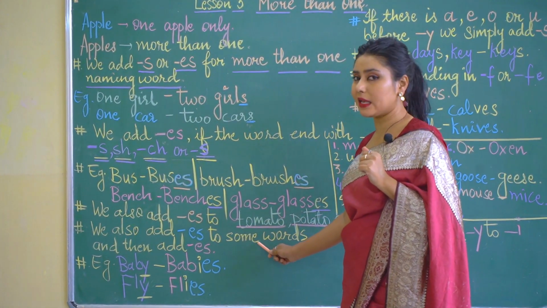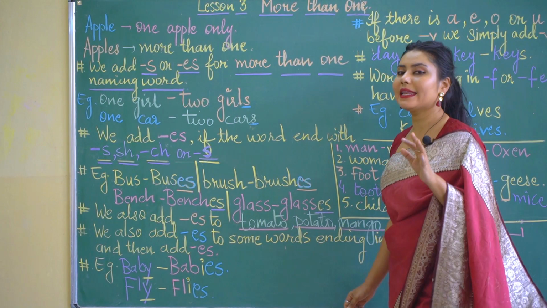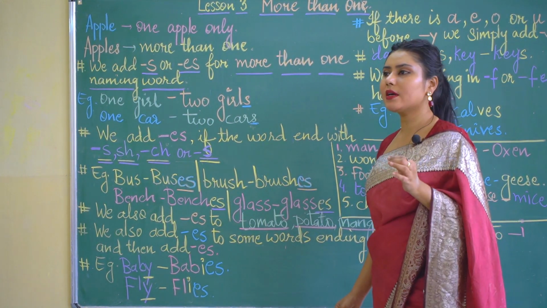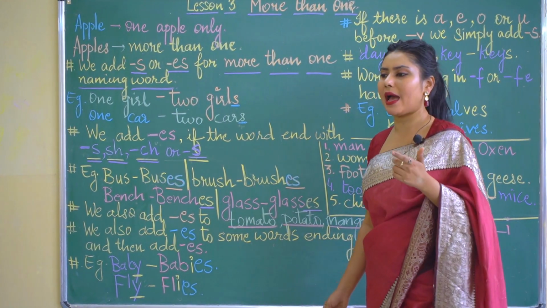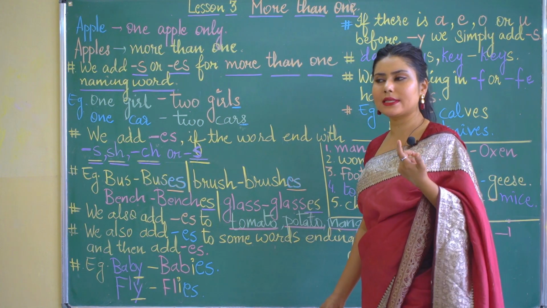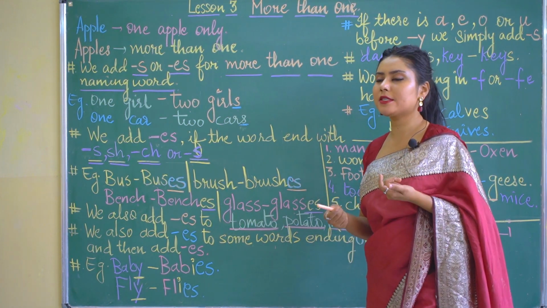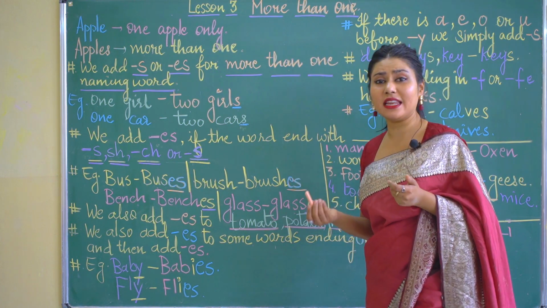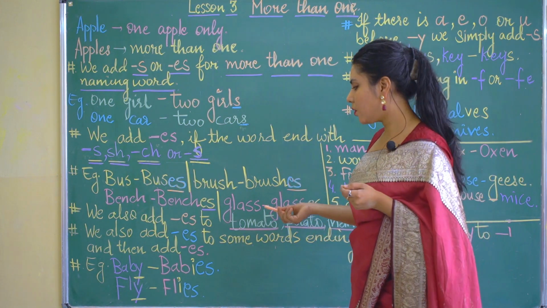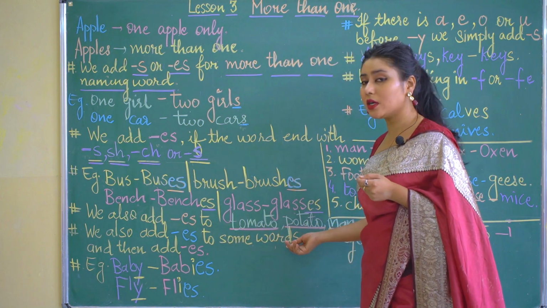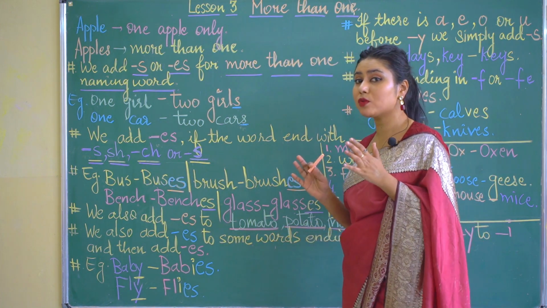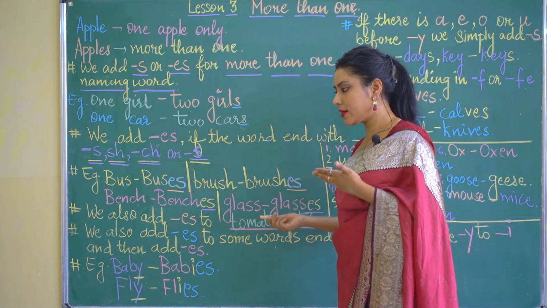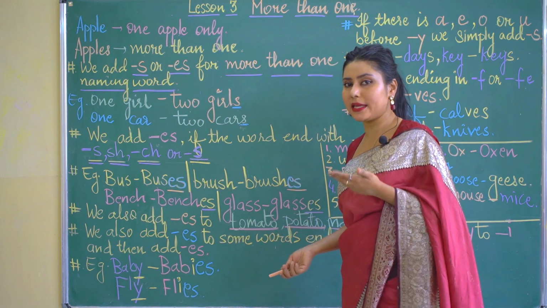This rule is very important because in examinations, you will never get only those easy words where you just add S, like chalk, chalks, pencil, pencils or eraser, erasers. You will have words in the examination where you have to identify what is to be applied here, S or ES.